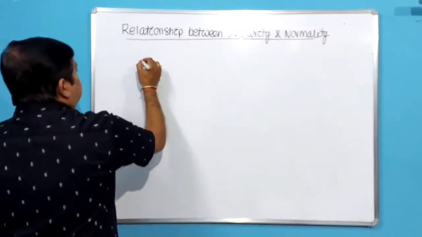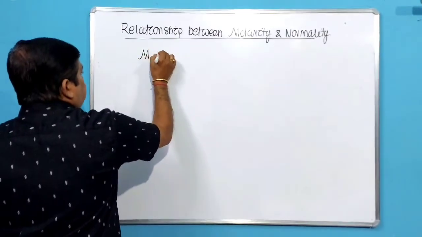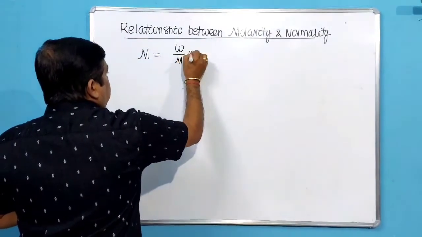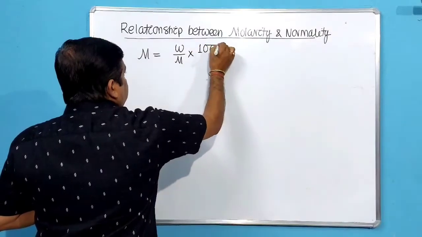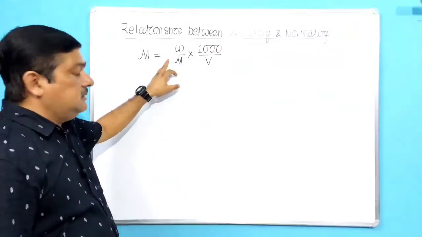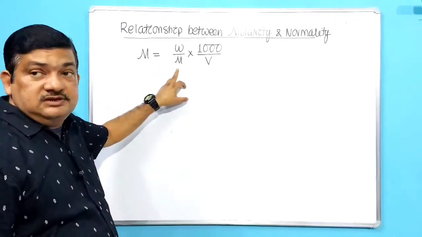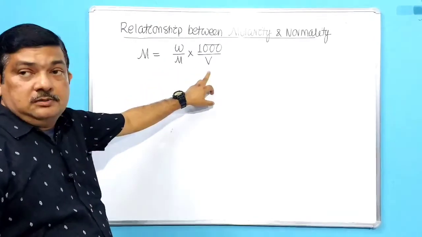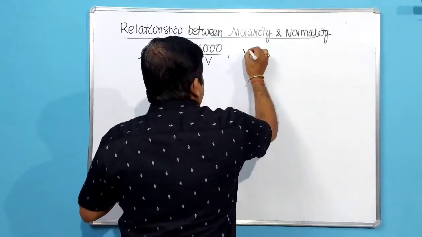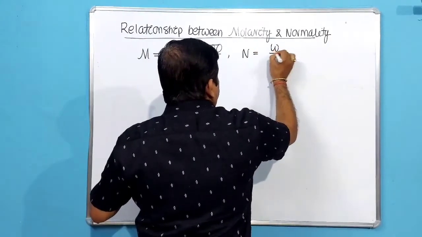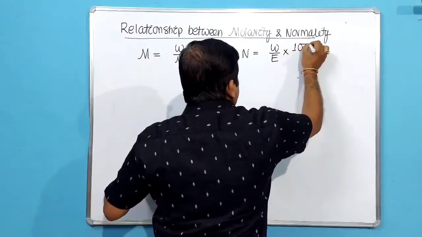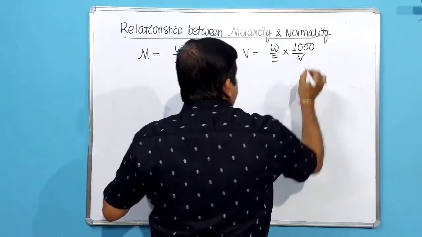So we know what is molarity. The formula is W by M into 1000 by V, where W is the given mass of solute, M is the molar mass of the solute, V is the volume of the solution in milliliter. Similarly, normality is W by E into 1000 by V.